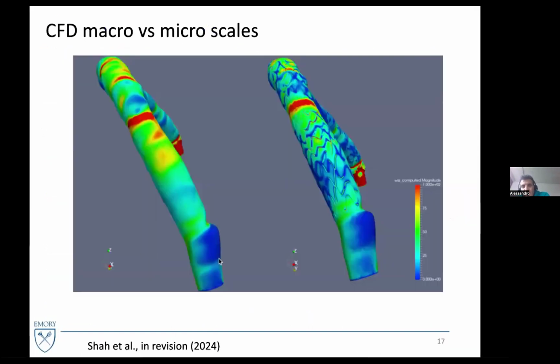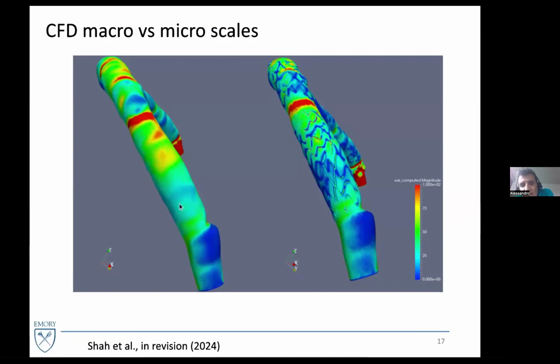Now, what we did was to reconstruct many patients, and now you see, we compare what happens on the same geometry with the footprint of the stent and without the footprint of the stent. Because the question was, is the footprint of the stent a game changer in the wall shear stress patterns? So here you see the wall shear stress patterns without and with.